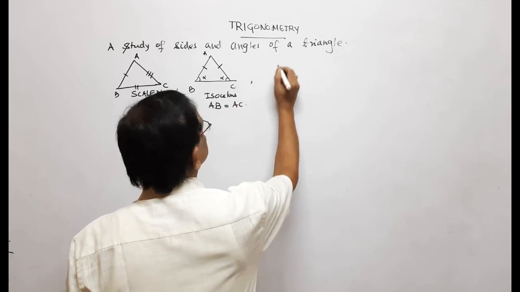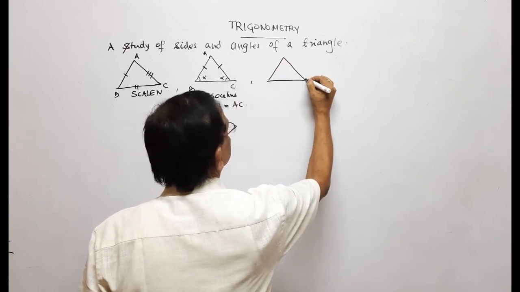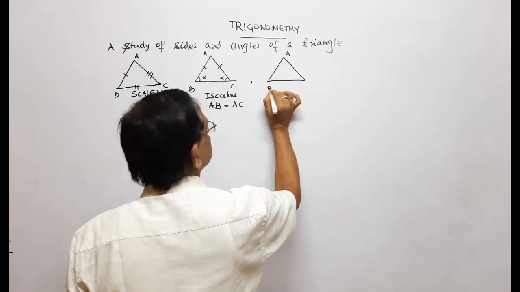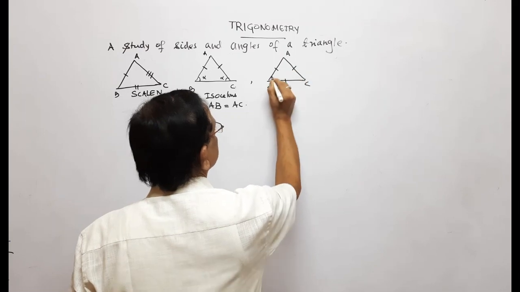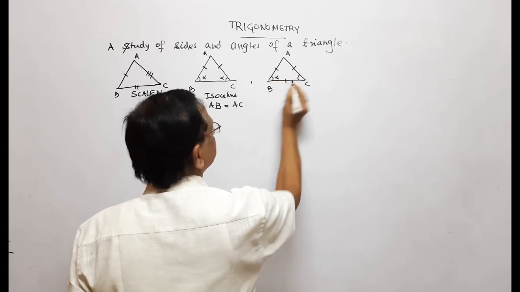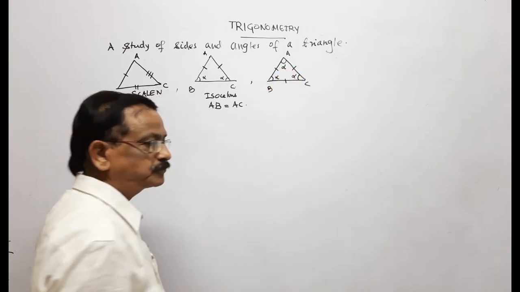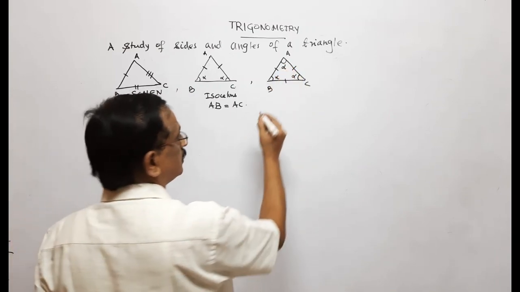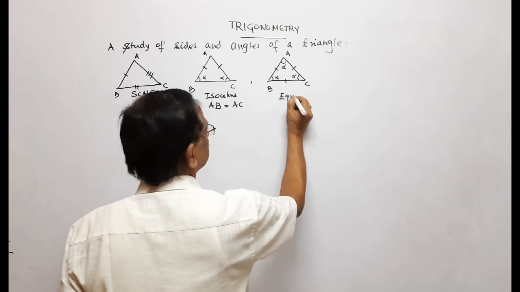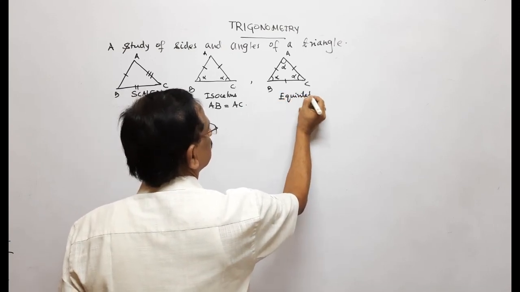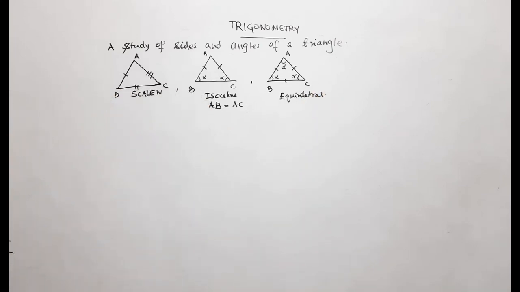The third one is, all the sides are equal. AB is equal to BC is equal to CA. So all the angles, if I say this is alpha, are all equal. And this is called an equilateral triangle. Equilateral means all the sides are equal.